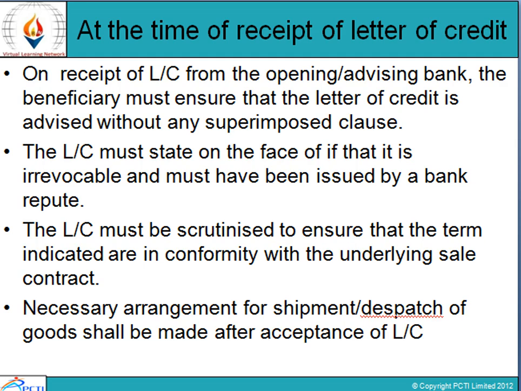The fourth is there must be necessary arrangement for the shipment or dispatch of goods after acceptance of letter of credit. The shipment and dispatch must be made as per the terms of LC and well within the period prescribed under the letter of credit.